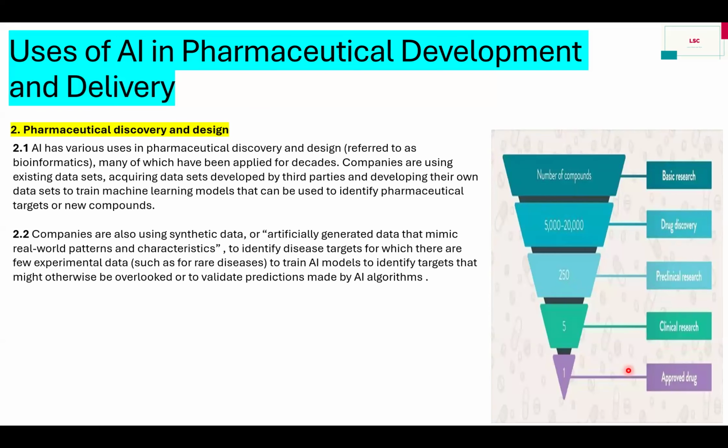Companies are also using synthetic data, or artificially generated data that mimic real-world patterns and characteristics, to identify disease targets for which there are few experimental data, to train AI models to identify targets that might otherwise be overlooked, or to validate predictions made by AI algorithms.